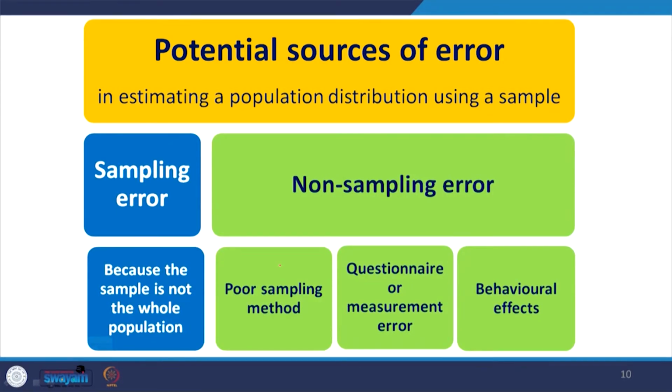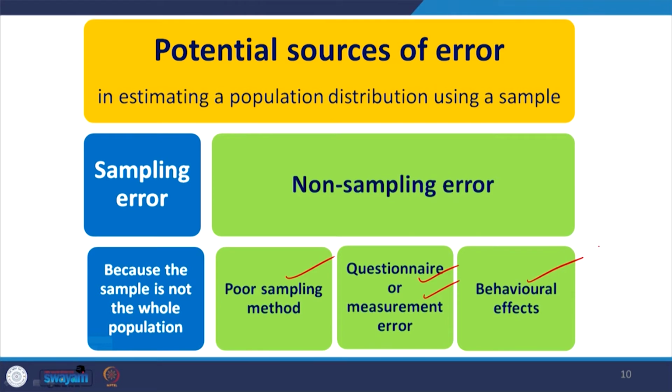Here the potential sources of errors are given. Usually there are some reasons behind sampling error and non-sampling error. Sampling error results because the sample is not representing the whole population, whereas non-sampling error is sometimes due to poor sampling method, questionnaire or measurement error, or behavioral aspects.